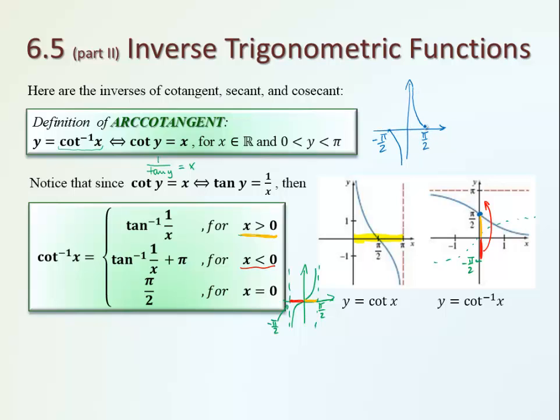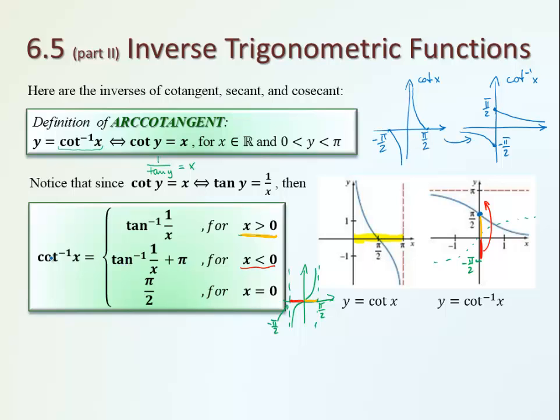So that's another option of picking a section of cotangent and reversing it to the shape like this. That's negative pi half, and that's pi half. So you may see in various textbooks different definitions of the restricted section of cotangent and arccotangent function.